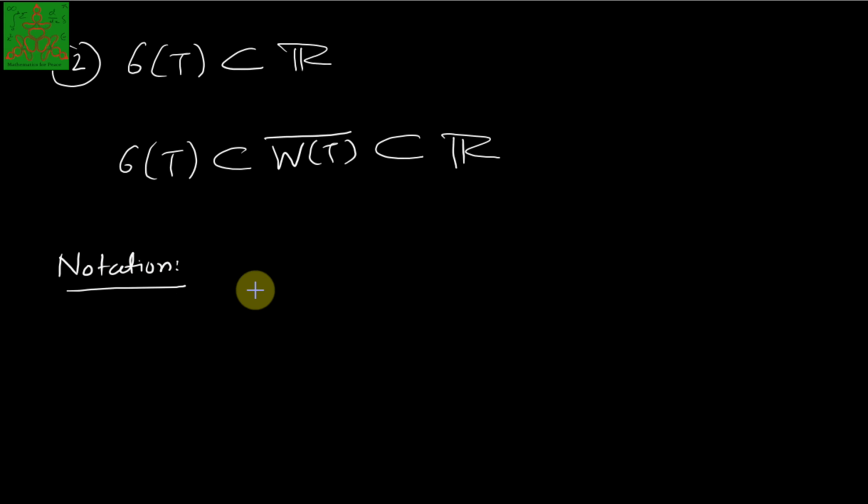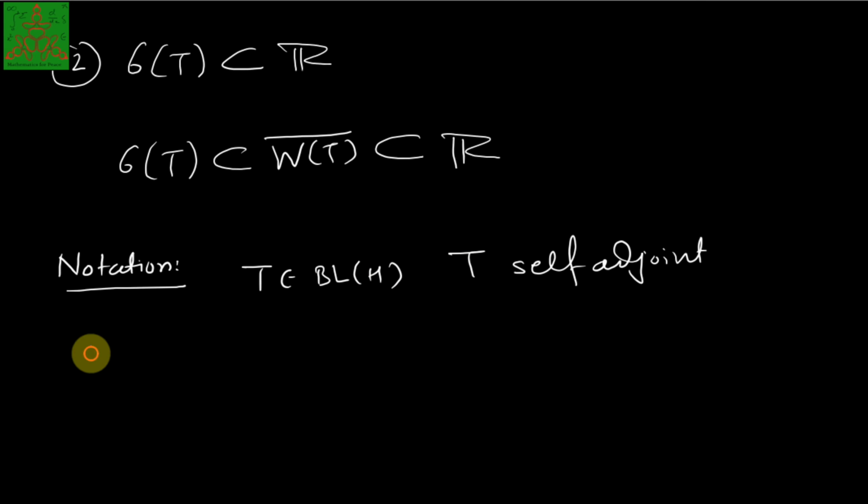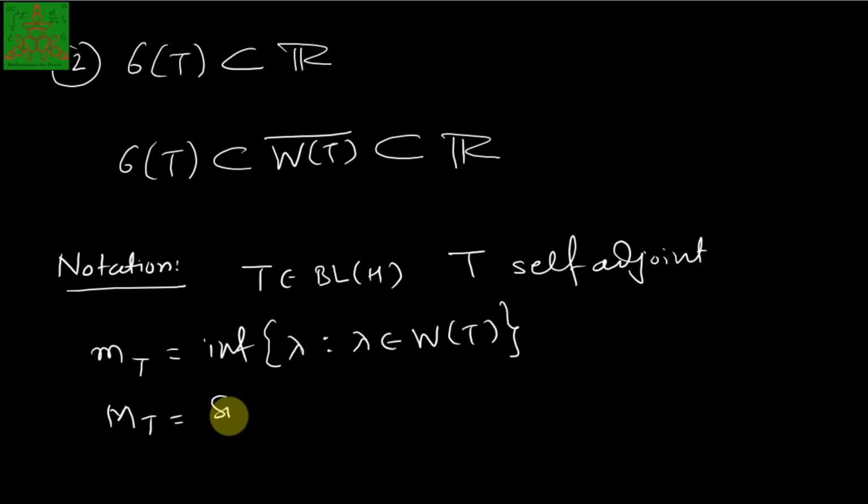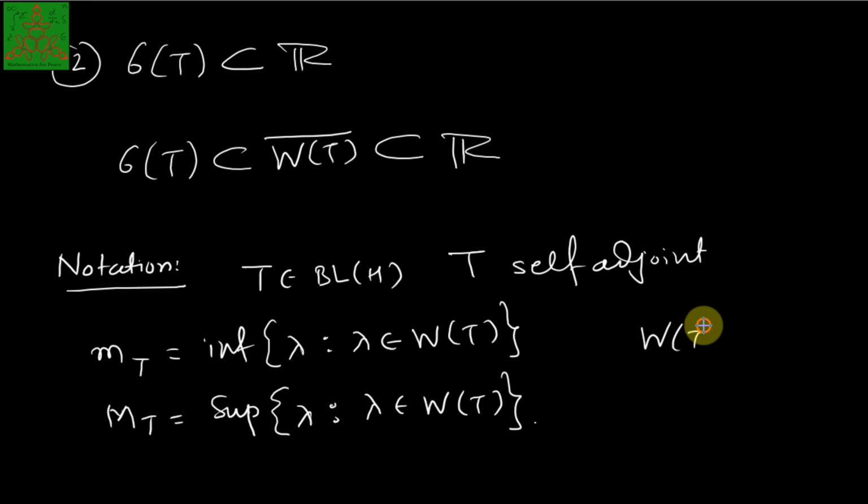Let T belong to BL(H) where T is self-adjoint, and consider these two notations: small m(T) is the infimum of the set of all lambda such that lambda belongs to the numerical range of T, and capital M(T) is the supremum of the set of all lambda such that lambda belongs to the numerical range of T. These always exist, and I am taking a note here because the numerical range is a bounded subset of R. Since T is self-adjoint, it is a subset of R, and for any operator the numerical range is bounded by its norm, which we already proved.